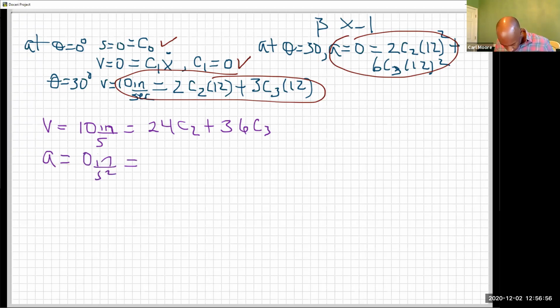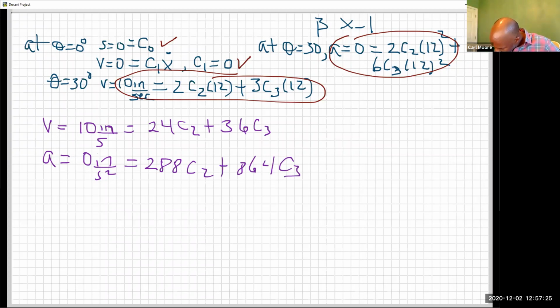That's going to be equal to, what do we have there? 2 times C2, that's 24. Oh, I'm sorry, that's a 12 squared. So that's 144 times 2, or that's going to be 288, plus 12 squared times 6, that's 864 C3. Okay, so those are my 2 equations, 2 unknowns.